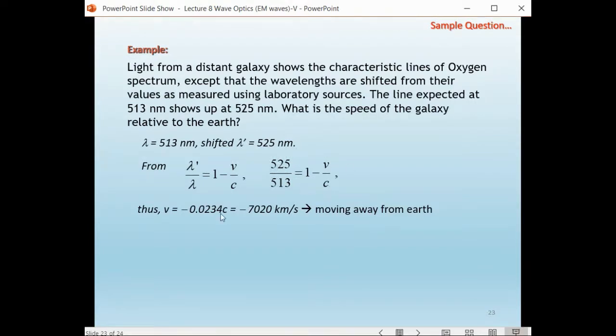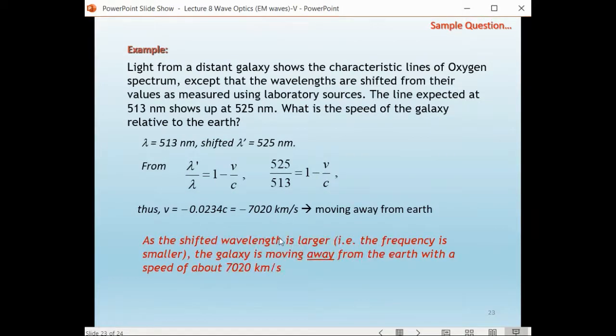So from this, we will find that v is negative 0.0234 c, and that is equal to negative 7,020 kilometers per second. And since it's negative, this galaxy is moving away from Earth. So as this shifted wavelength is longer, the galaxy is therefore moving away from Earth with a speed of about 7,020 kilometers per second.